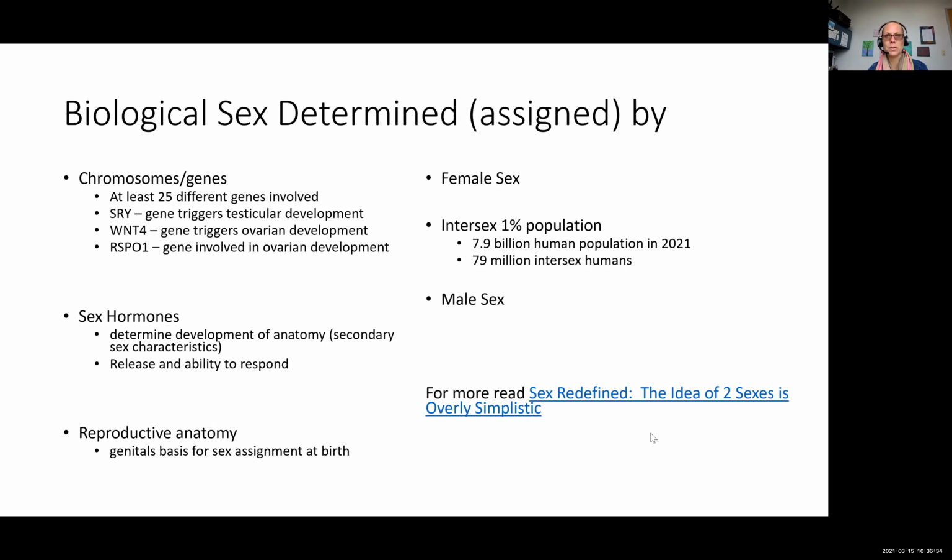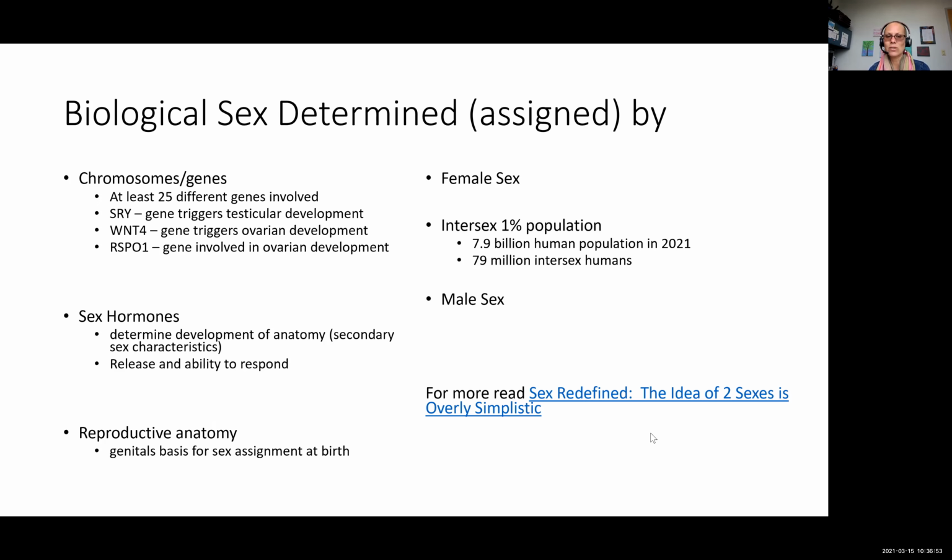Reproductive anatomy, remember, includes both internal and external structures. So when we talk about chromosomes, we have a typical pattern of either being XX or XY, but there are variations that exist here.